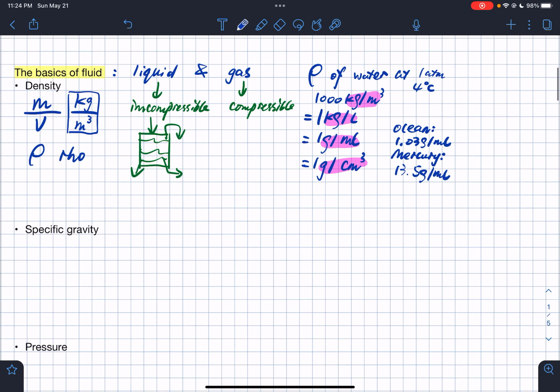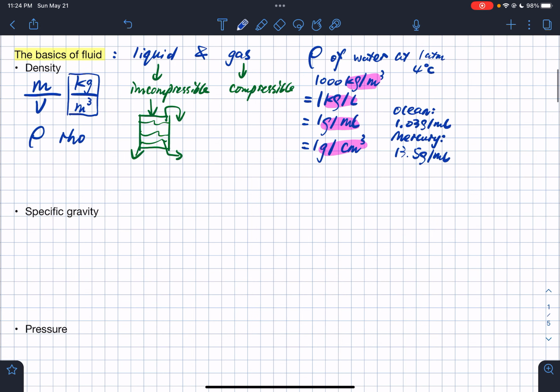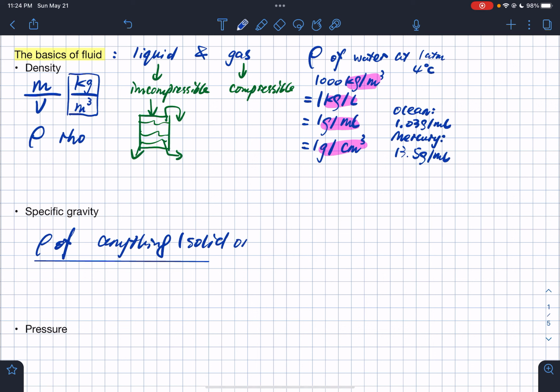Okay, all right. So now let's talk about specific gravity. So what is specific gravity? Specific gravity is basically the density of anything, it can be a solid or liquid, or even gas, divided by the density of water.